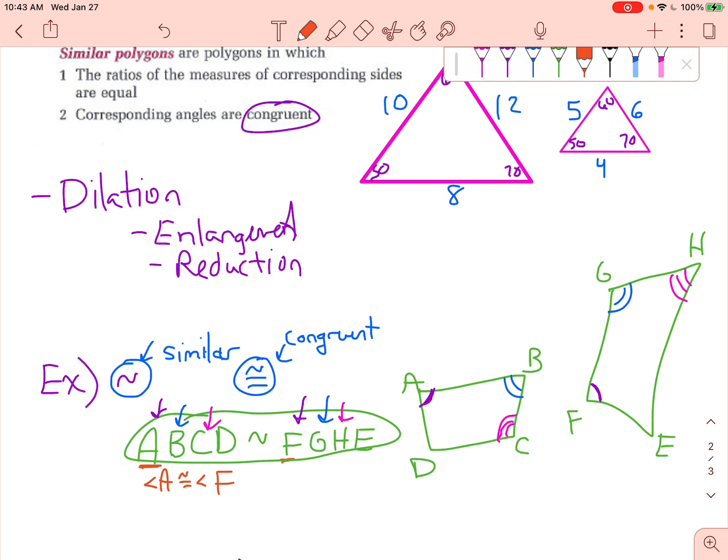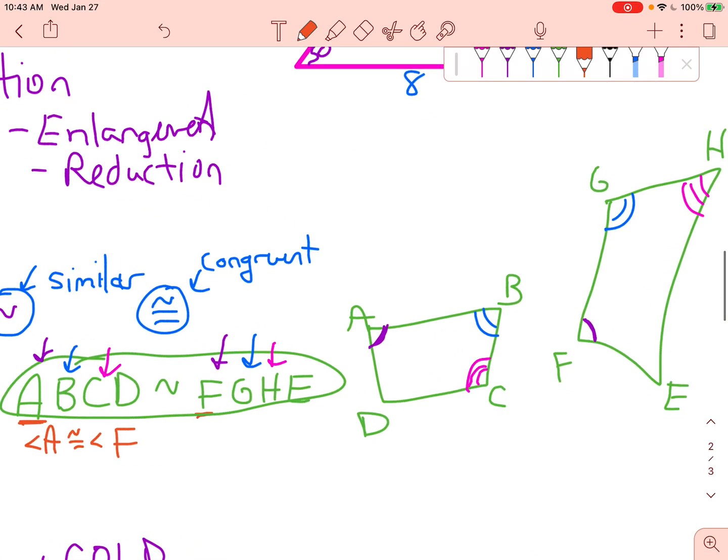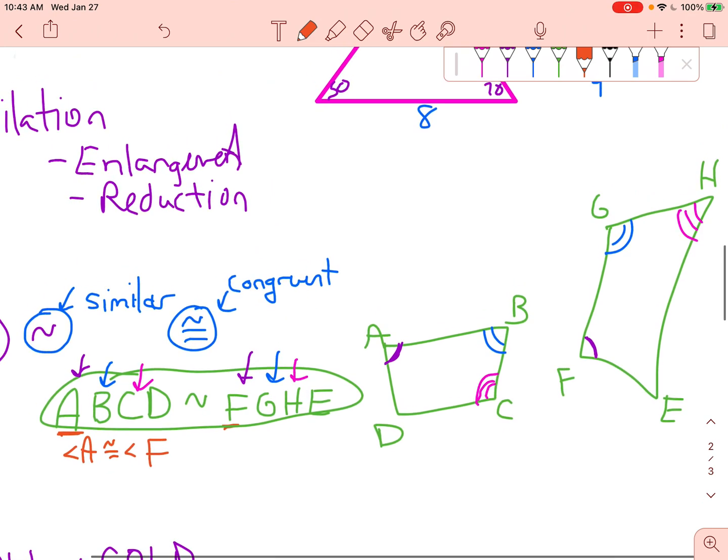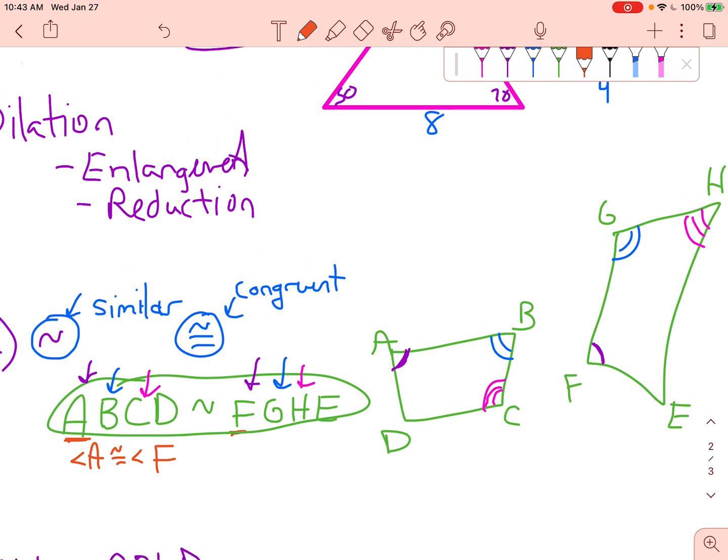This similarity statement also tells me which sides are proportionate. You can pick out the proportionate sides, and you do that again in order. So side AB is proportionate to side FG.